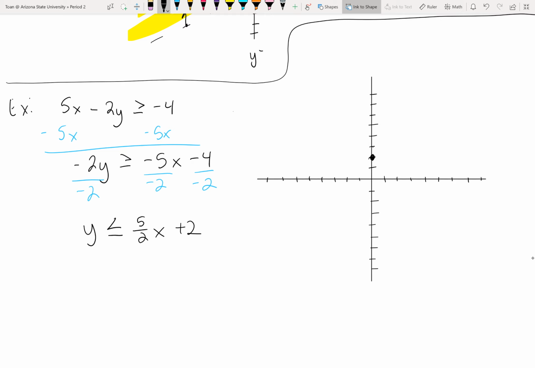So you go up 5 over 2, or you go down 5, left 2. Oh yeah, because over here we had a negative divided by a negative, which is a positive. And then since the inequality is or equal to, it's going to be a solid line.